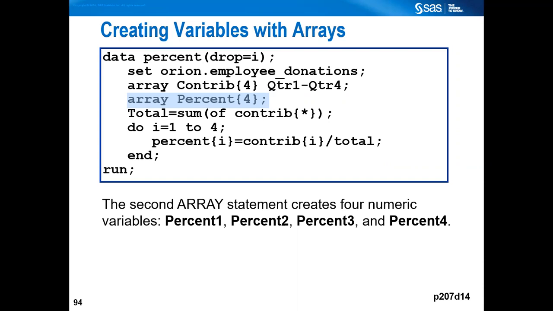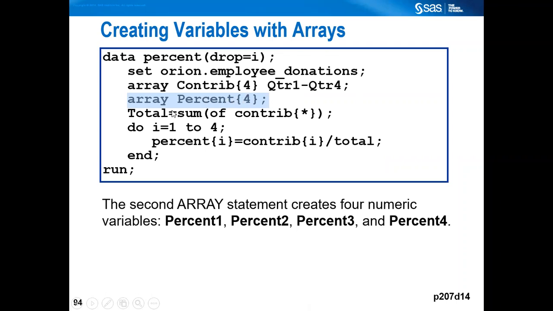So how is it coming? This is how it's doing. We are going to create two array statements. One is contrib, which is on your existing quarters, and second is percentage with subscript 4, because if we are not giving any information further, it's going to create these 4 variables.